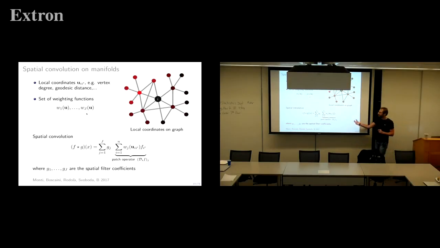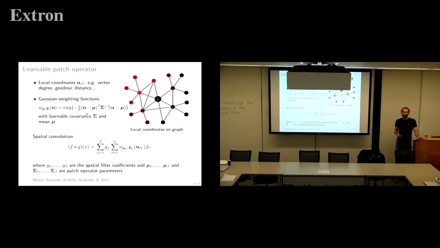This produces a J-dimensional local representation of the function around the vertex i. It's a kind of patch, which is why we call it a patch operator. And this will be the filter, the local template that we'll be learning in the convolutional neural network.